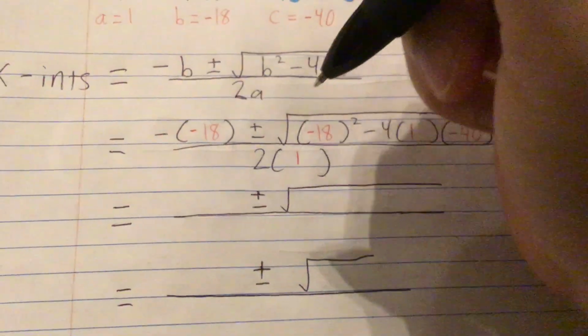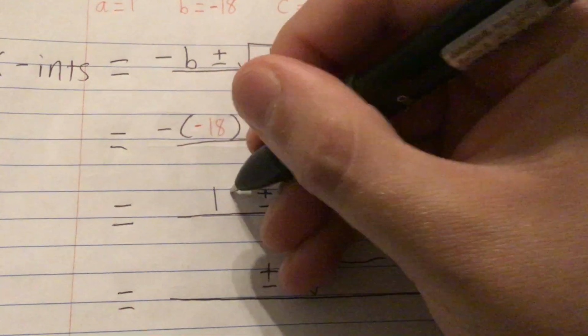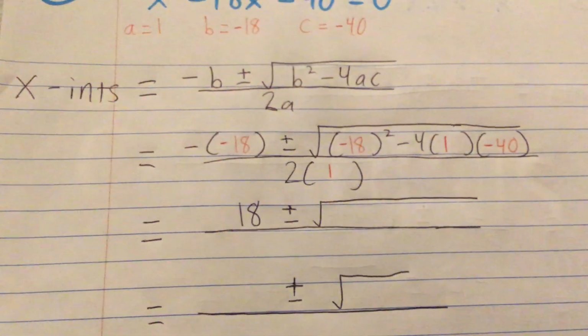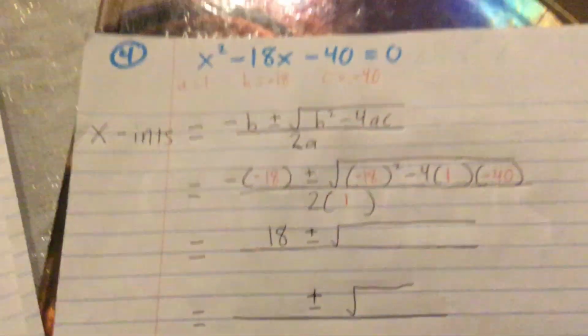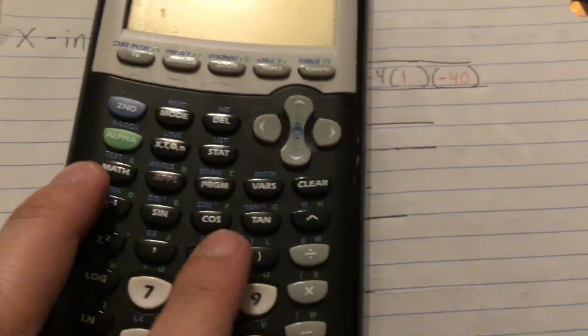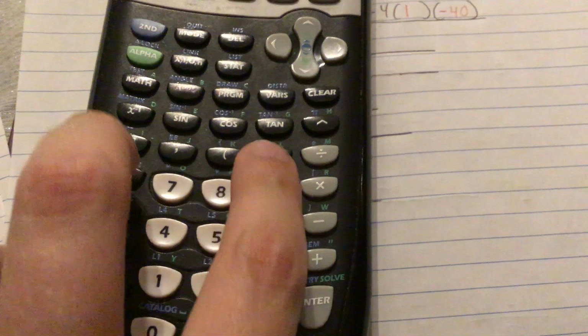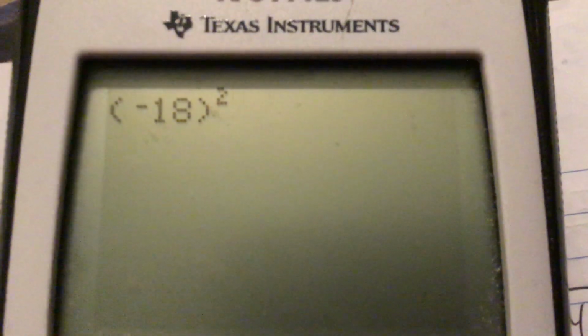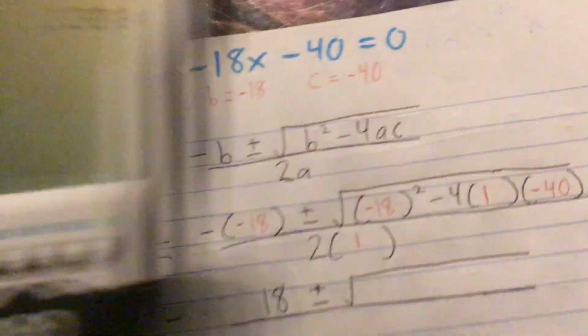Negative negative 18, well, that's just positive 18, plus or minus the square root of negative 18 quantity squared. I don't know that, so let me just plug that in. Negative 18 times negative 18 is positive 324.